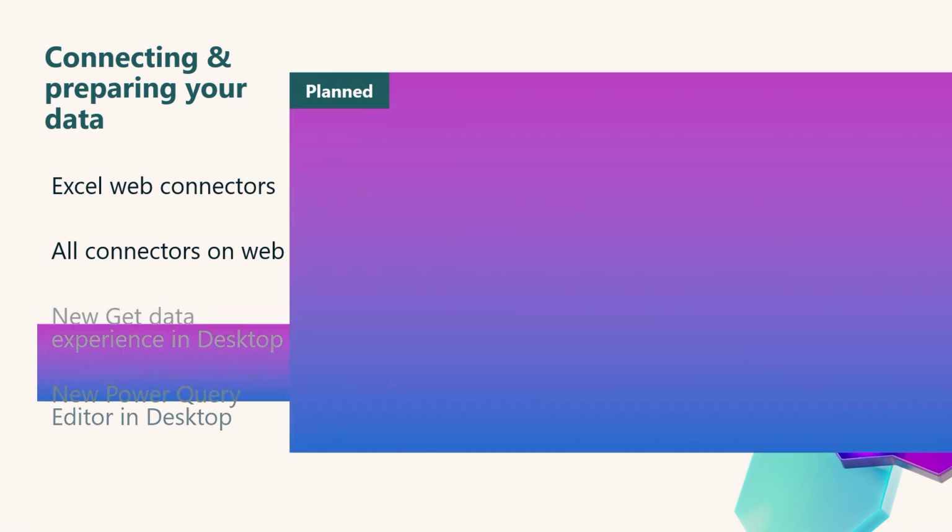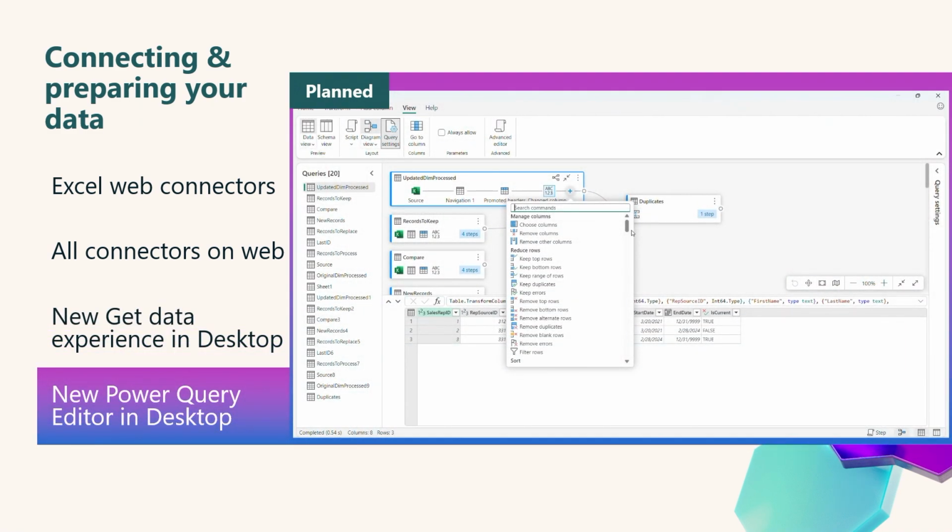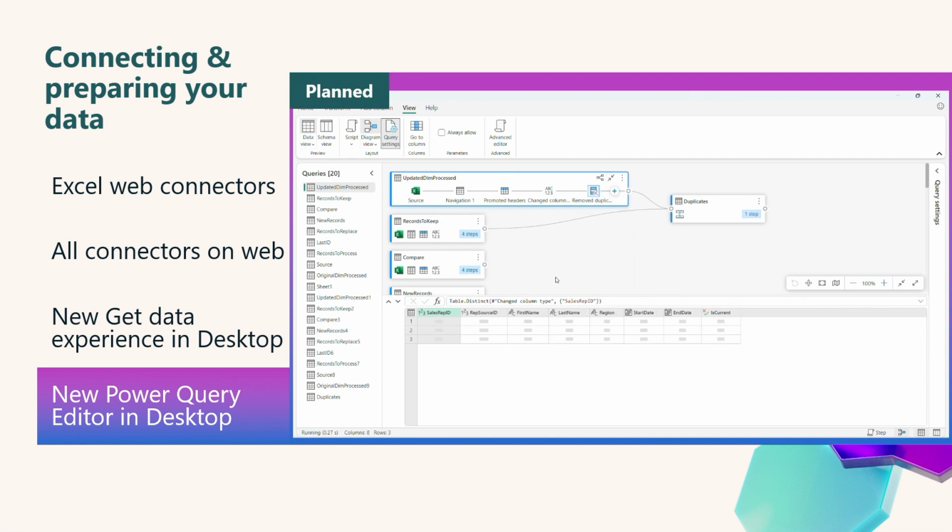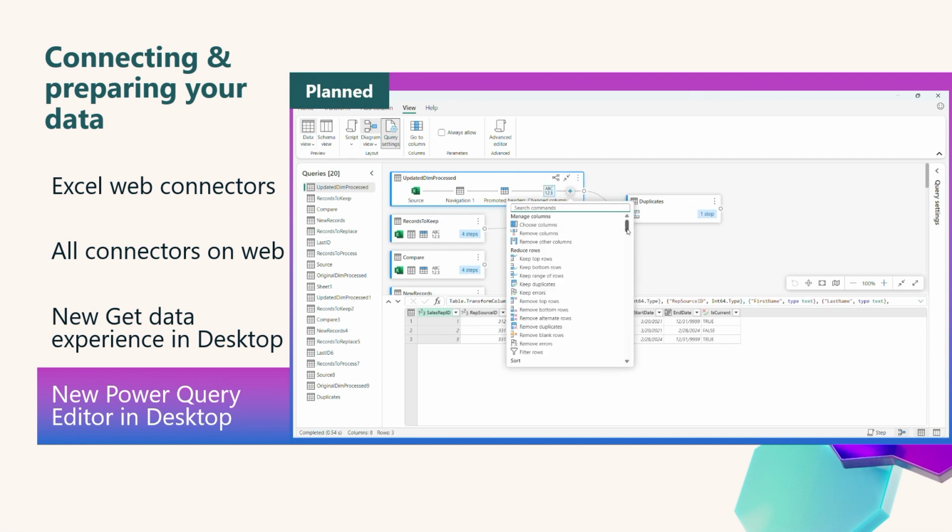The next one is a big one and probably my personal favorite in this list because I know there's a lot of Power Query fanboys and fangirls here. Alex, I see you. And so we're bringing the Power Query experience, the new one, to desktop. And this unlocks a lot of new capabilities, such as the ability to use diagram view, which makes it so much easier to find different transformations and apply them to your different queries.